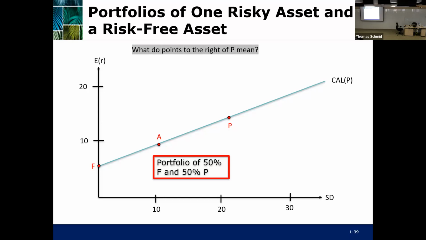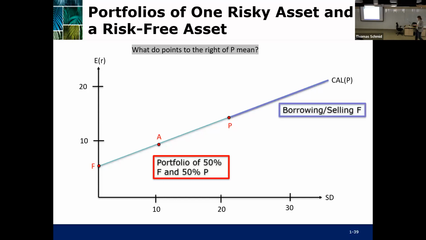What do the points on the capital allocation line to the right of P represent? What is that? Borrow, leverage, yeah. You take a levered position. So basically what that means is you borrow money and you overinvest in P. We talked about that in Unit 1. This is exactly what buying on margin is.